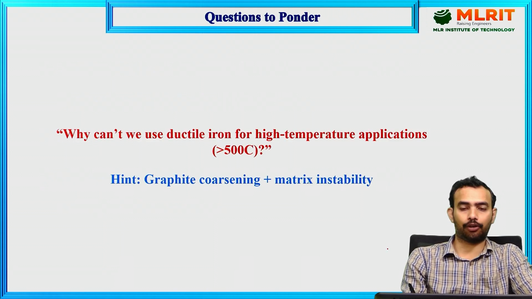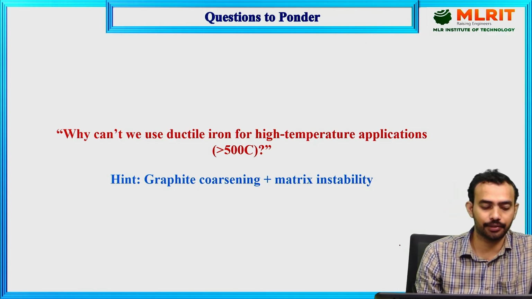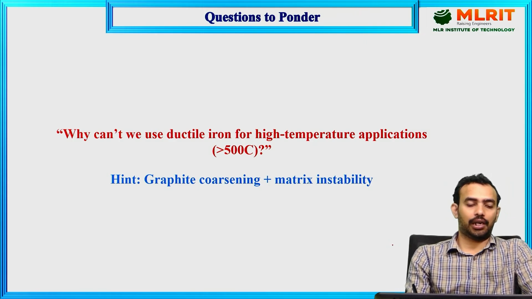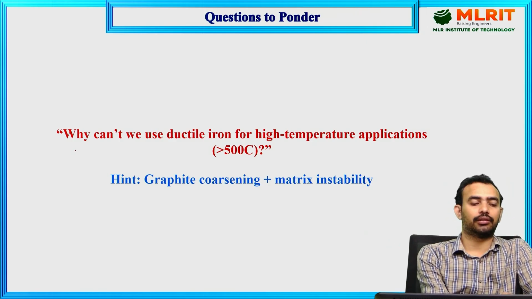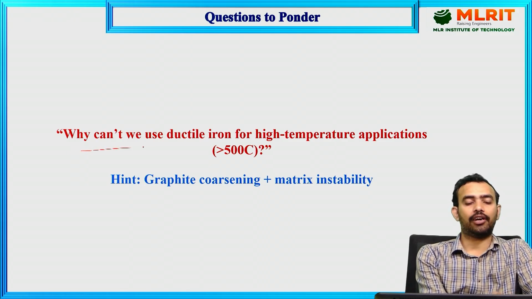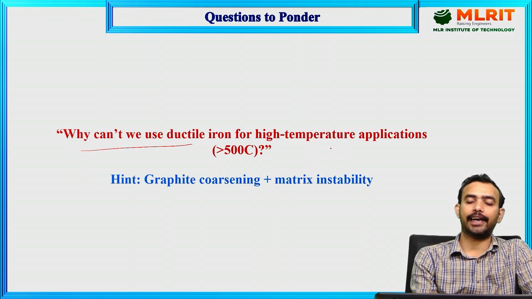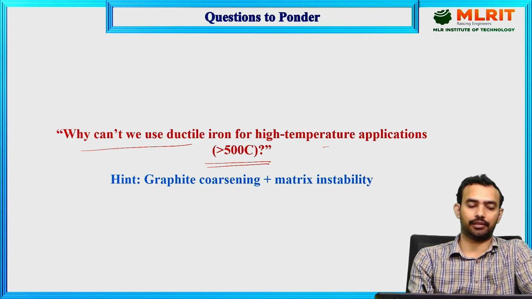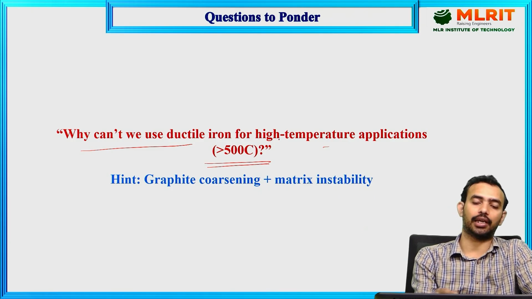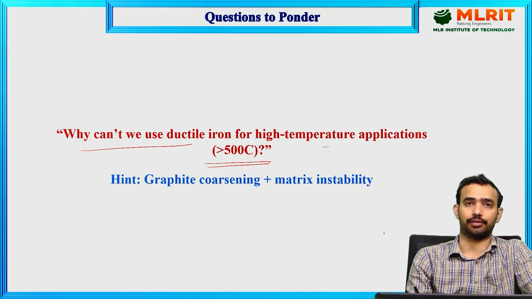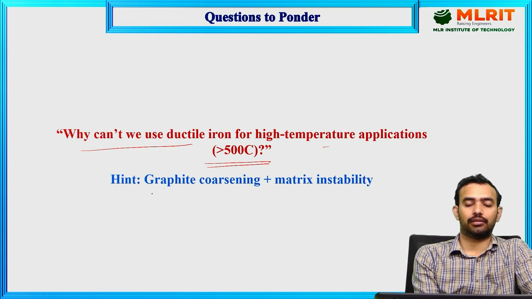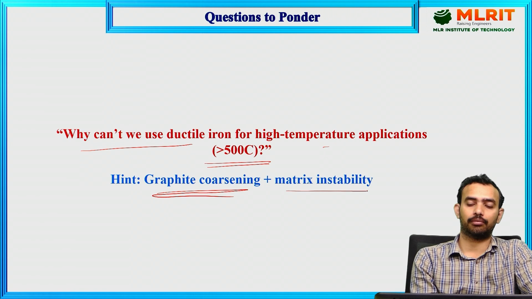A question to ponder: why can't we use ductile iron for high temperature applications, above 500 degrees centigrade? A hint is given here: graphite coarsening plus matrix instability.